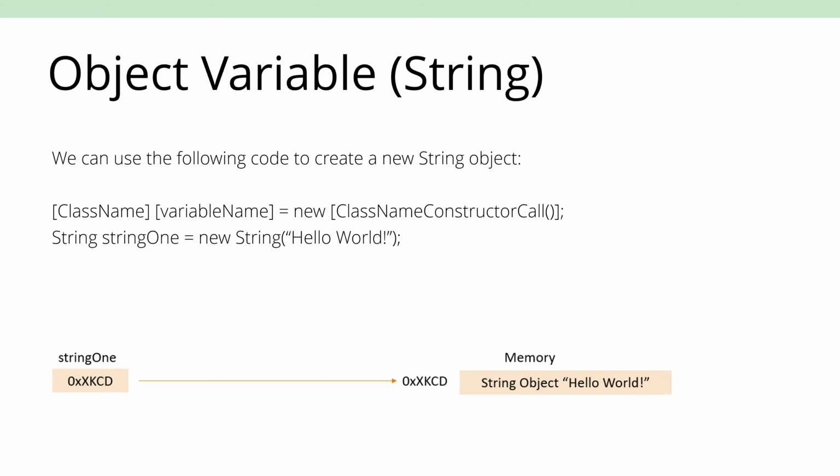Again, you're not going to be responsible for any of this until Unit 2, but I do want to show you that there are other ways of doing things. So once again, we have string1, that's the label of our box, our variable name. And inside of our box is not the actual string object. It's a memory address that I can take to find the actual string object that I created. And it's going to be somewhere in memory.